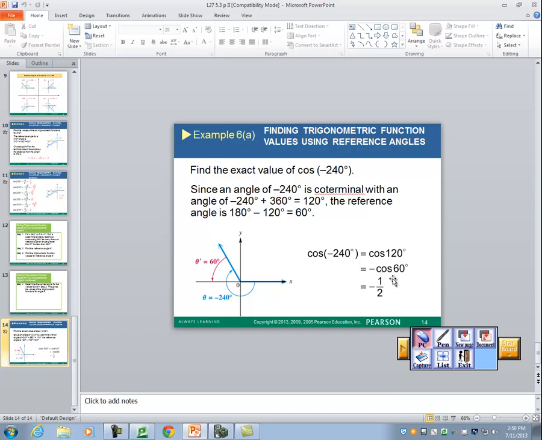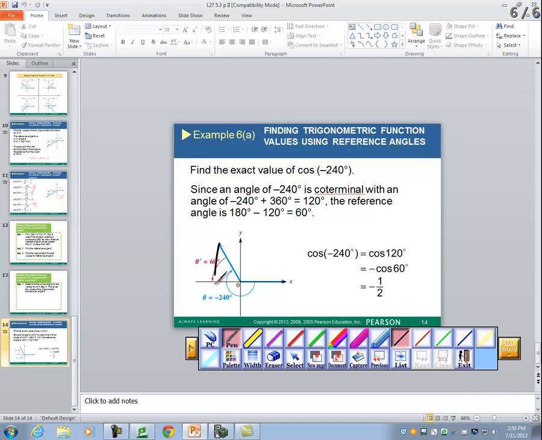So then you've got a negative cosine 60, which we haven't done, and at this point it's easier just to draw out a triangle. Here's 60 degrees, and then from there you can do your 1, 2, square root 3.